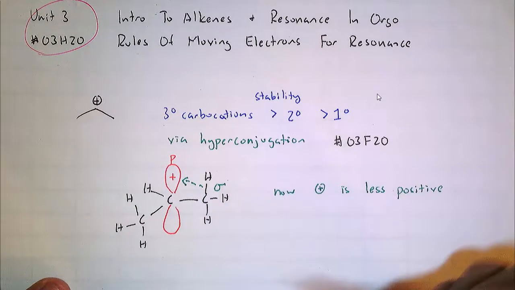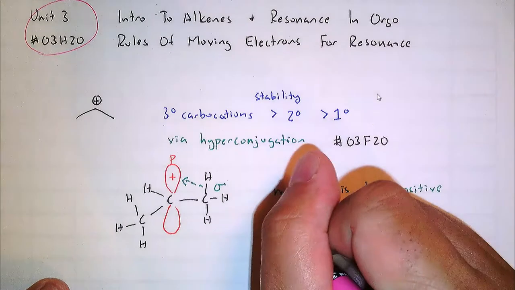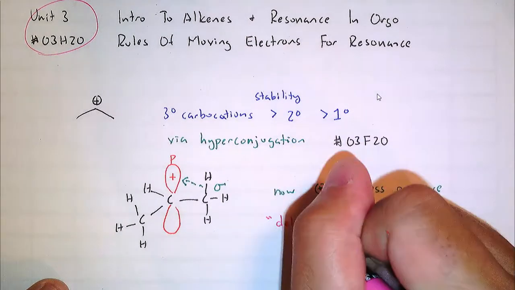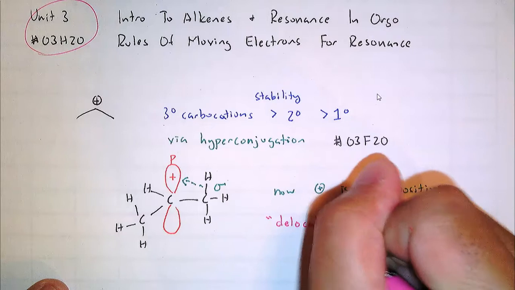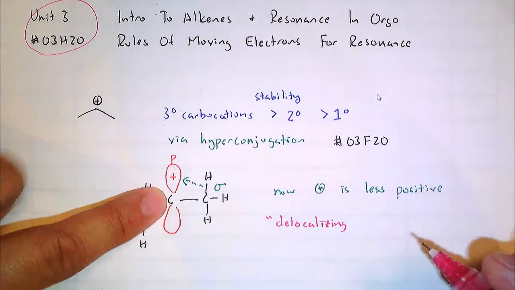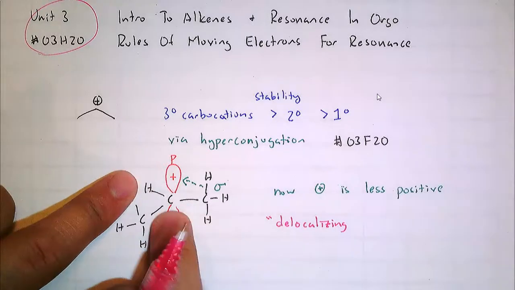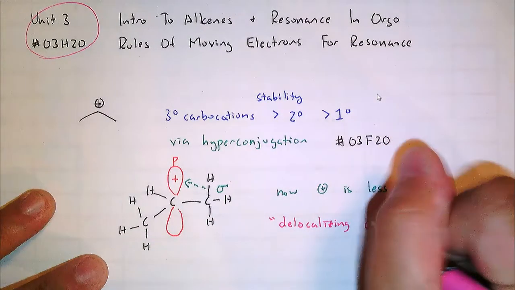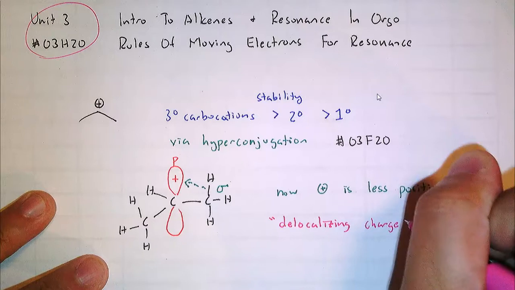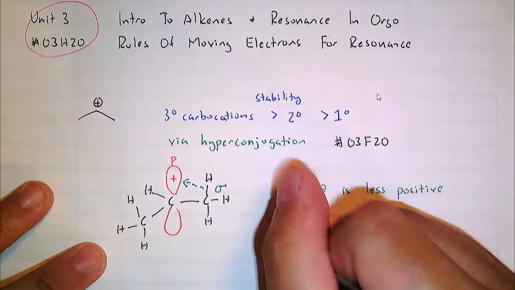But ultimately we are delocalizing charge. We're not having it static on just this carbon. We're kind of sharing that plus charge with the neighboring carbons. And delocalizing charge is stabilizing.